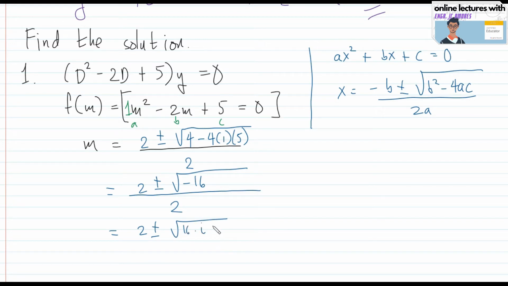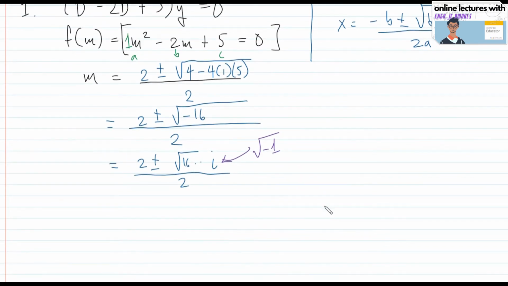The i will not be included inside the root because remember, i is already equal to the square root of negative 1. So let's simplify this. We have 2 plus and minus 4i over 2. And then if we distribute the 2, we'll have 1 plus and minus 4 over 2, so that's 2i.